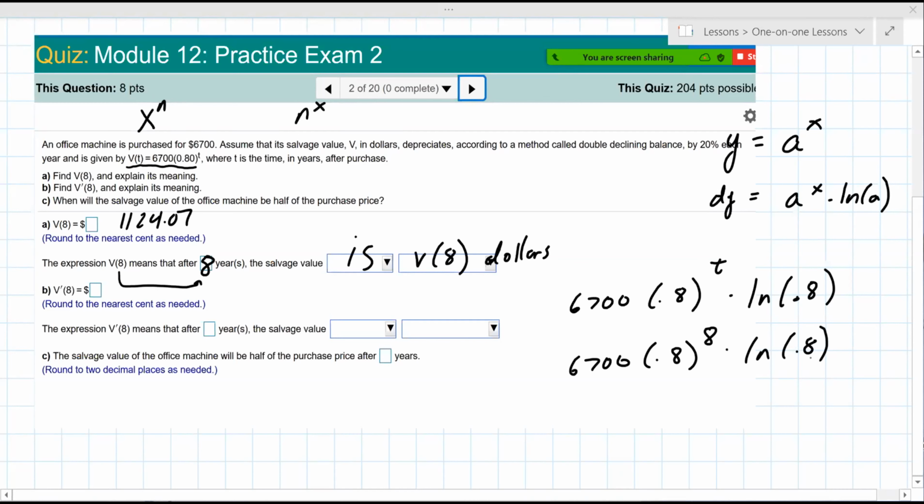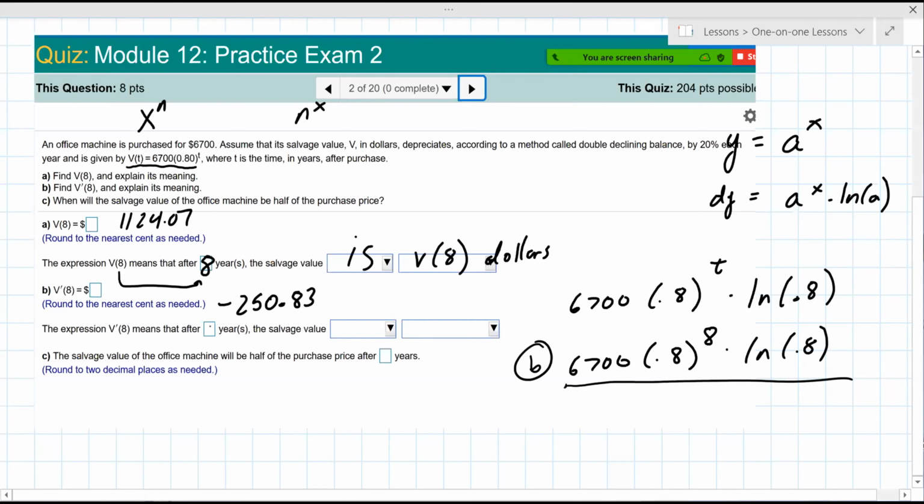What part B is looking for is all of this. I'll just type it in: 8 times ln. So negative 250.83.